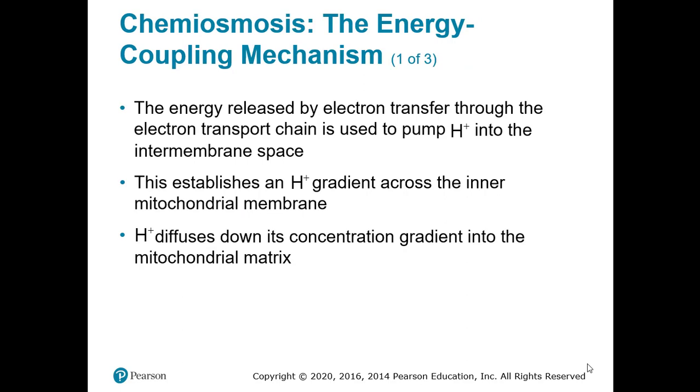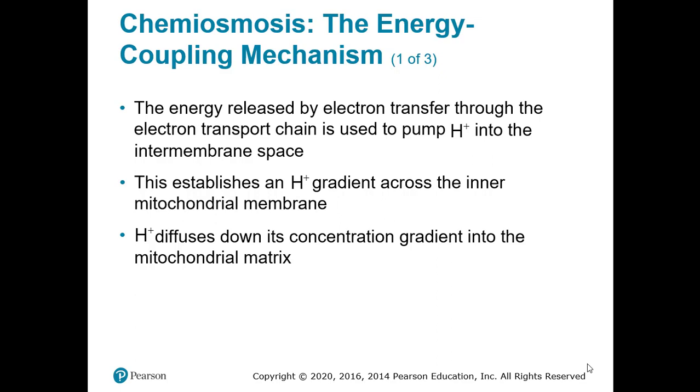The energy released by the electron transfer is going to pump hydrogen ions into the inner membrane space. Remember we talked about active transport: every time we pump a hydrogen, we're creating a hydrogen gradient across that membrane space, but it's also an electrochemical gradient because you have all the pluses on one side.